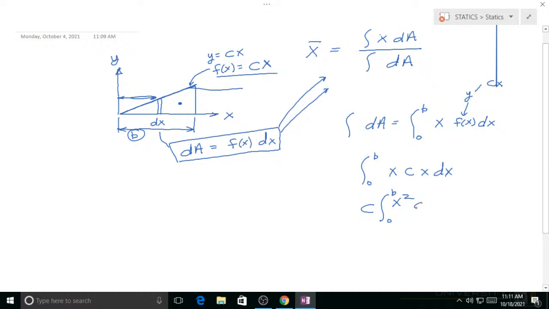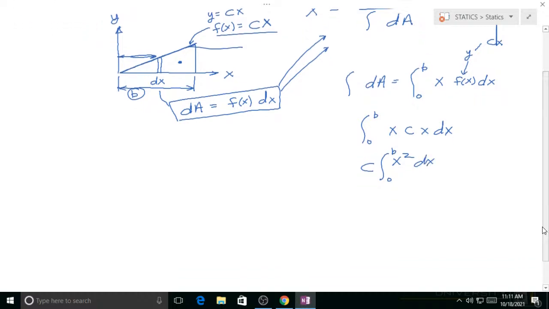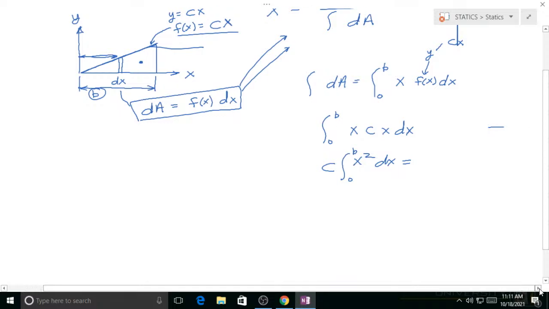Now I'll do this part. And so you get a c, x to the third over 3, evaluated from 0 to b. The 0 is easy. The other is not.